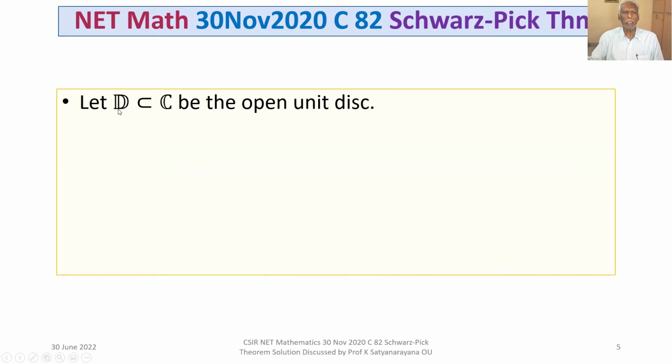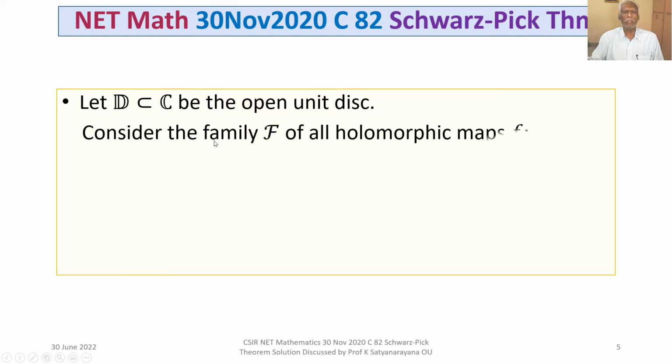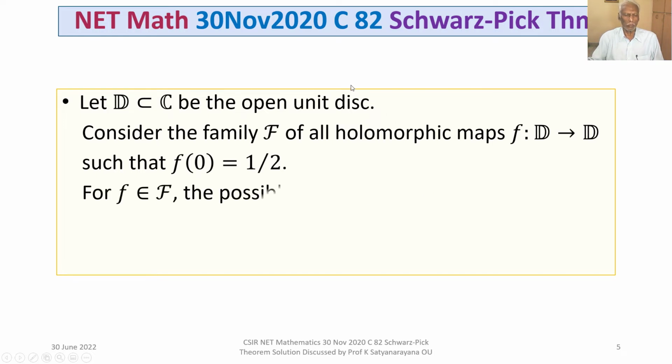The problem is: let D, a subset of C, the complex plane, be the open unit disk. Consider the family script F of all holomorphic maps f from D to D such that f of 0 is equal to 1 by 2.